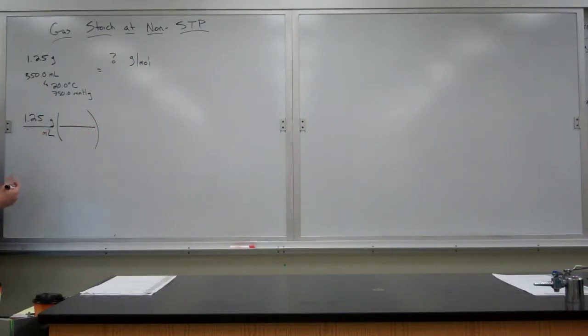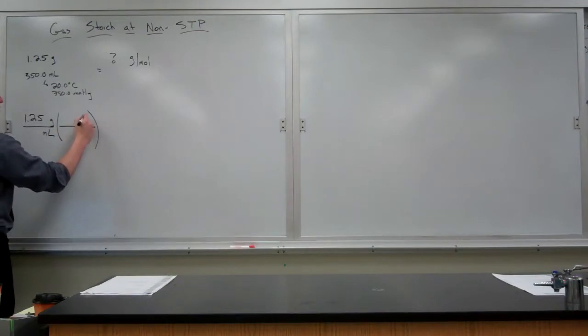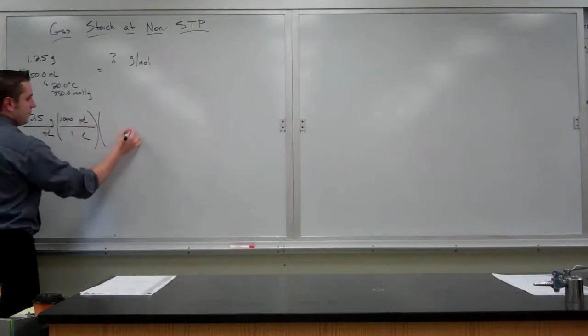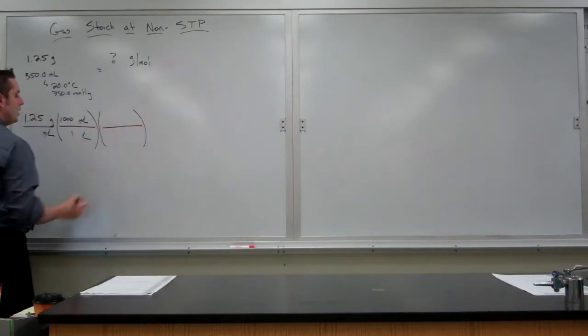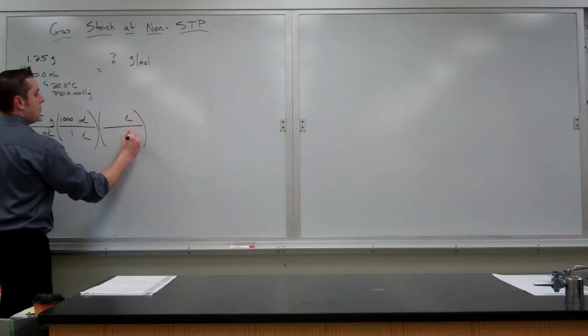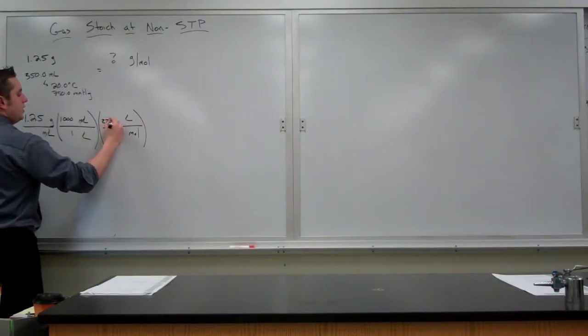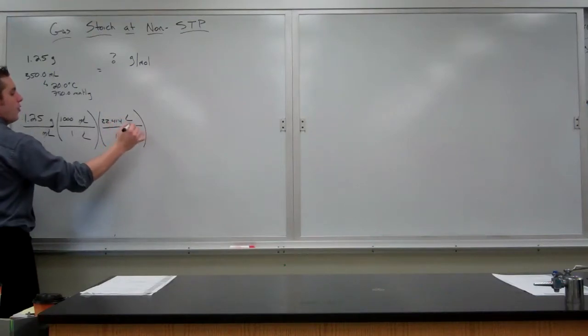If I want to get to grams per mole, I need to cancel milliliters from the bottom, change it into liters. That's a 1,000 to 1 ratio. Then I'll put liters on the top and put what I want there, which is moles, 1 to 22.414.